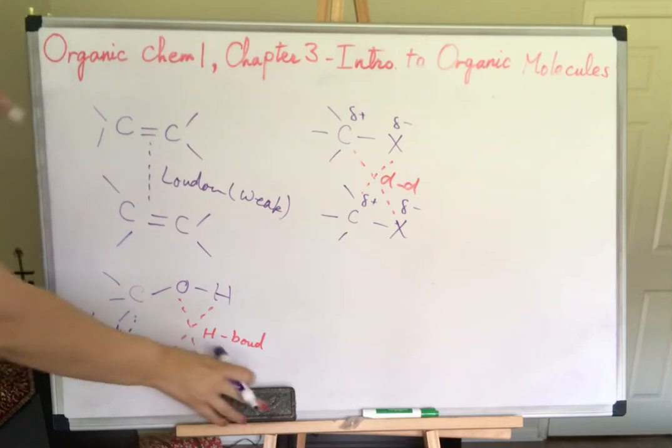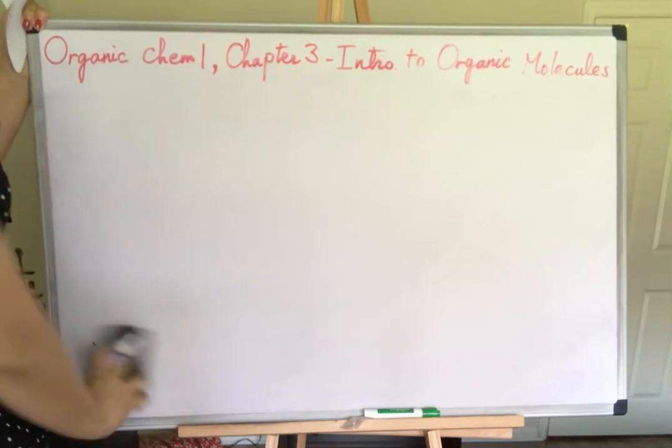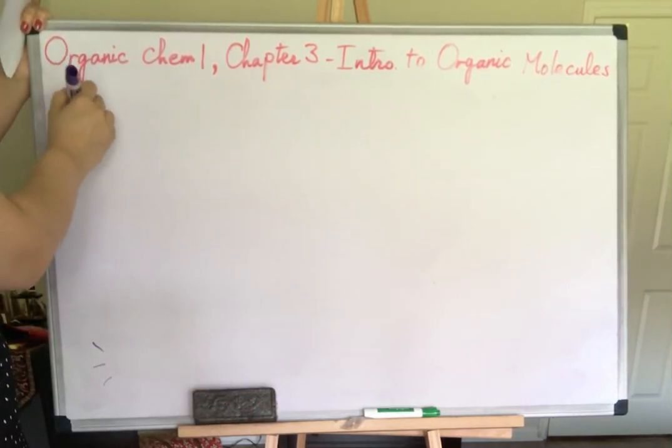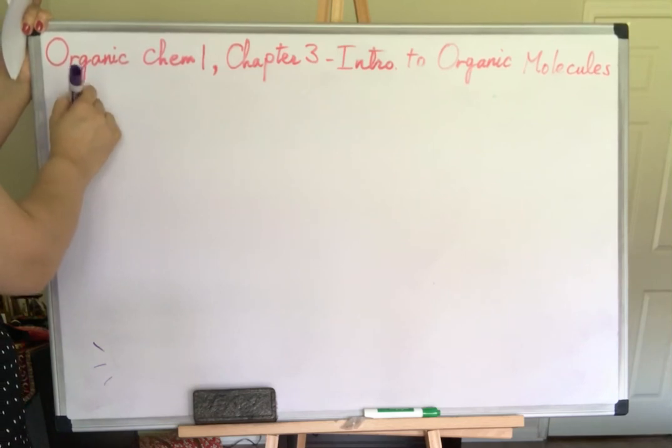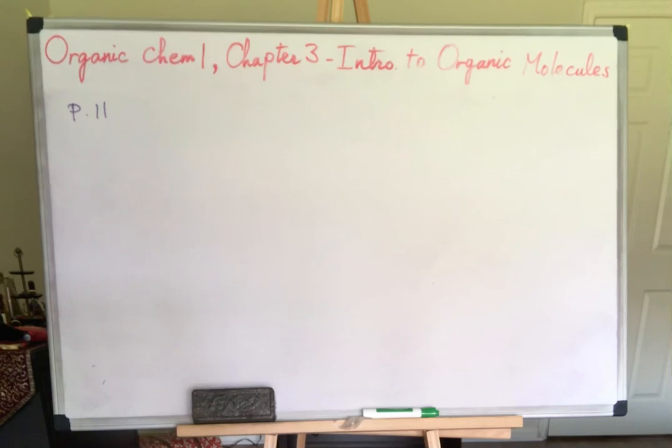On page 11, look at some general trends for the boiling points. The stronger the intermolecular forces, the higher the boiling point. That's what we said. The larger the surface area, the higher the boiling point.